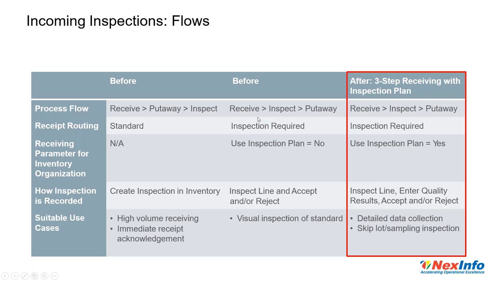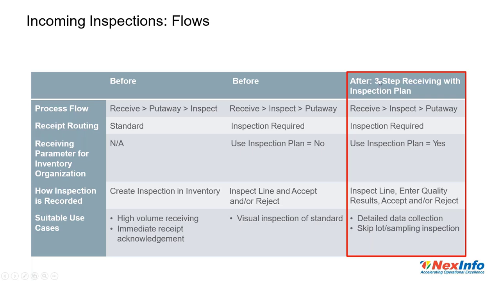But then they had some high dollar value items they would receive, inspect, and then put away. But the inspection, again, was all manual, basically a visual inspection against the standards of what they received.